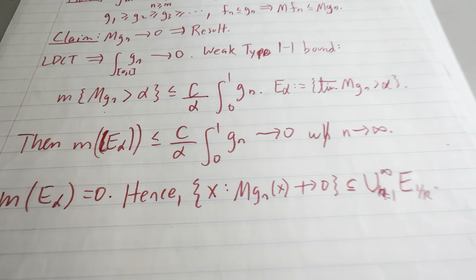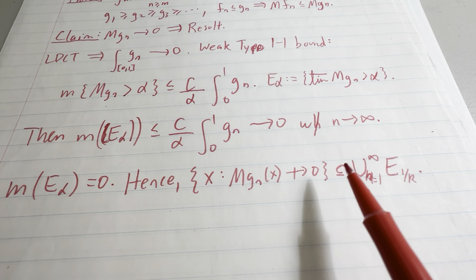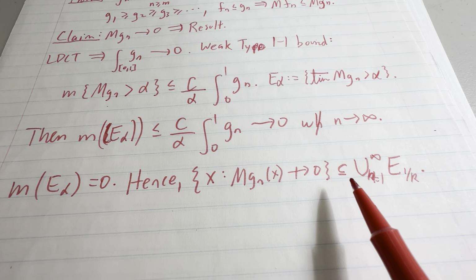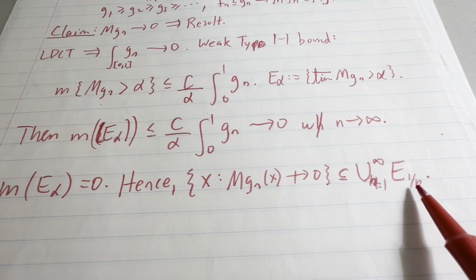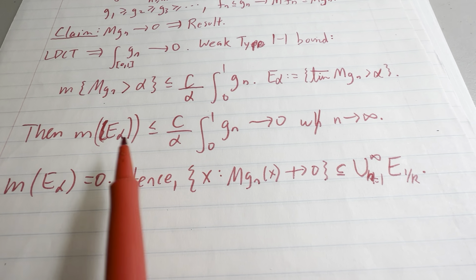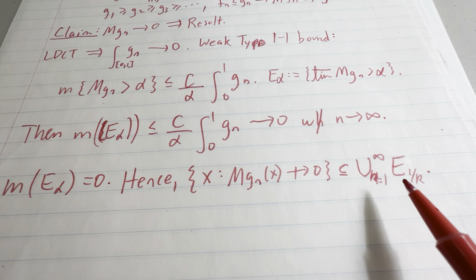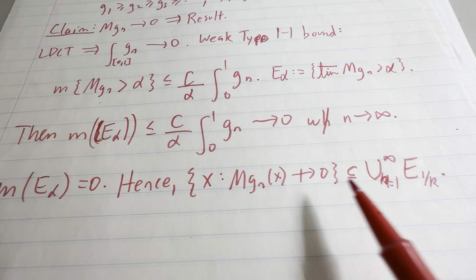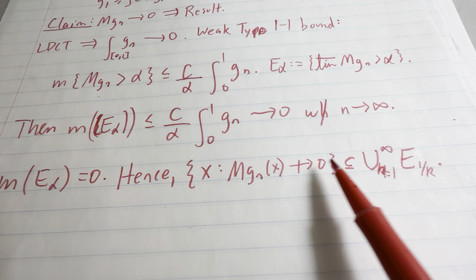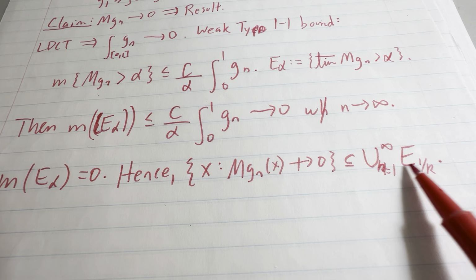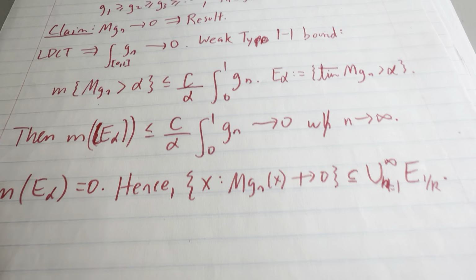So let me take a moment here just to explain what I've written. These E sub k's, the 1 over k, those are my alphas. So I'm picking these alphas and they're getting closer and closer to 0. And so this set where Mgn does not tend to 0 has to be a subset, meaning that points in here are in these E sub 1 over k somewhere.